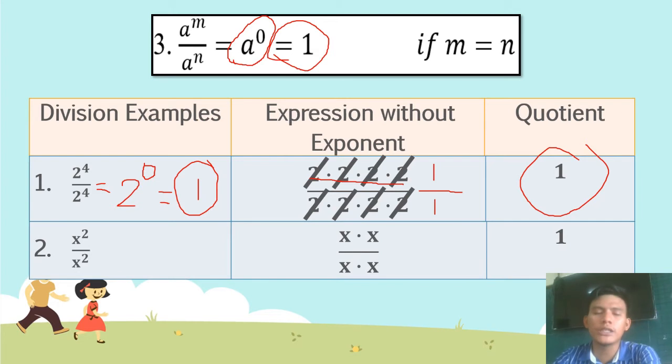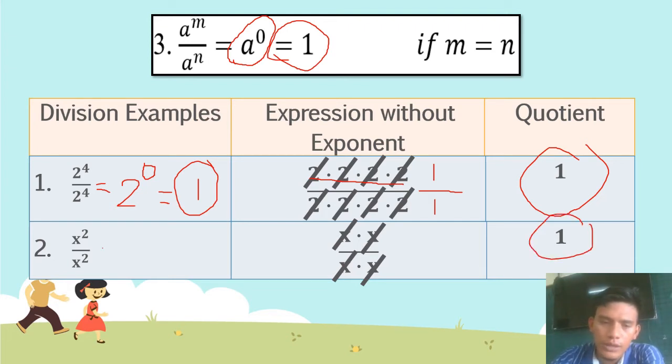Example number 2, x squared over x squared. When you express x squared, that will be x times x, same as the denominator, because they have the same numerator and denominator. Both numerator and denominator, as you can see, are the same. It means that you can cancel out. So 1 over 1, and that is equal to 1.